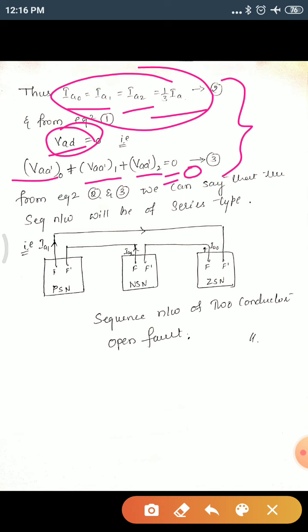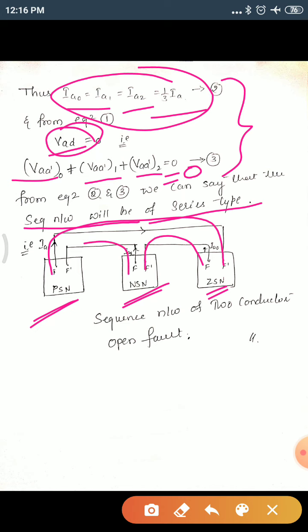The currents are the same and the addition of all the voltages is equal to 0. This indicates a series type circuit. Therefore our sequence network will be of series type. Let's consider the positive sequence, negative sequence, and zero sequence networks. All three should be connected in series. So this end has to be connected to this point, this end to this point, and this end to this point. Therefore this is the sequence network of the two conductor open fault.